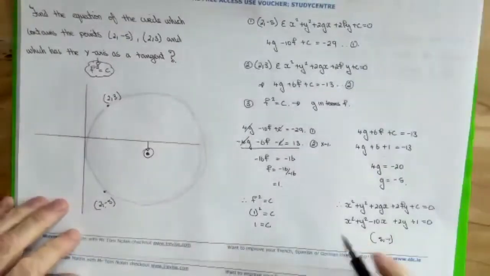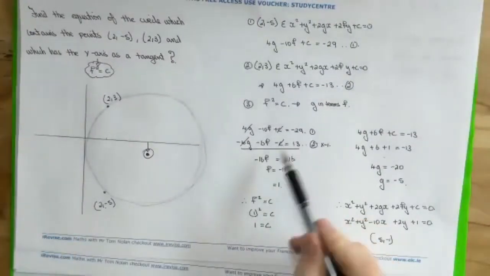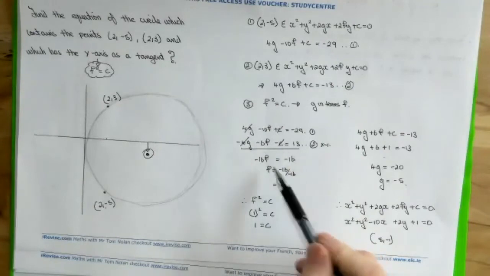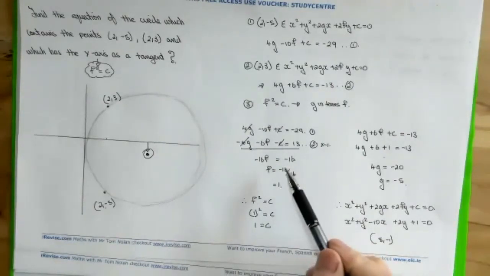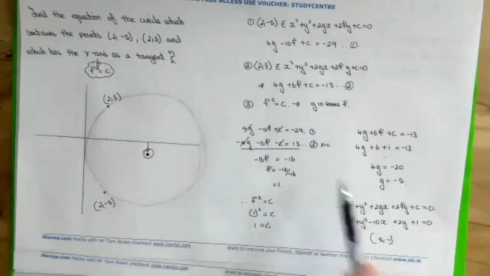Now, it doesn't normally work out this simple. So I might get another example where the equations are a little bit harder to solve to show you what happens there. But that's how the x or y axis is a tangent to the circle.